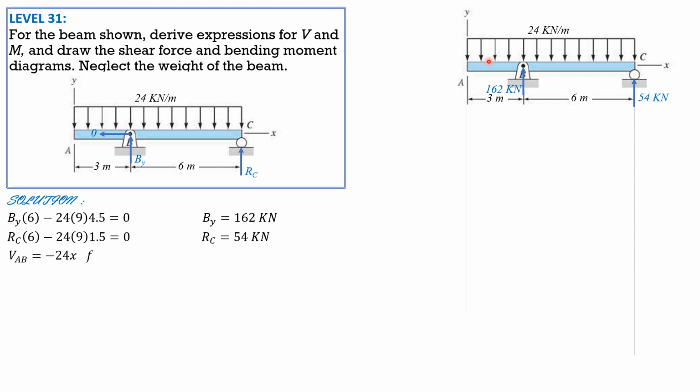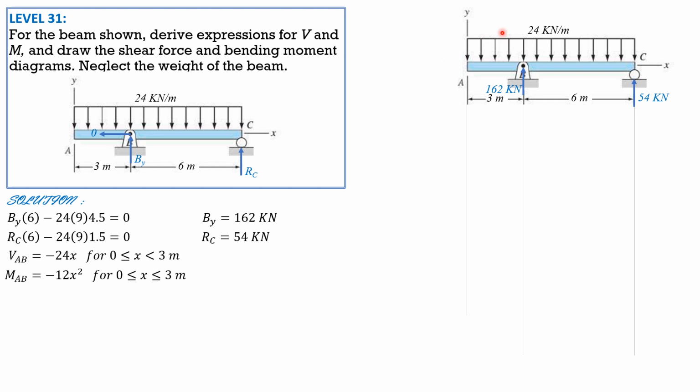Shear AB is negative 24 times x, applicable for 0 less than x less than 3 meters. For the moment, the load is negative 24 times x, and the moment arm is x over 2. So moment AB is negative 24 times x over 2, which is negative 12x squared, for 0 to 3 also.